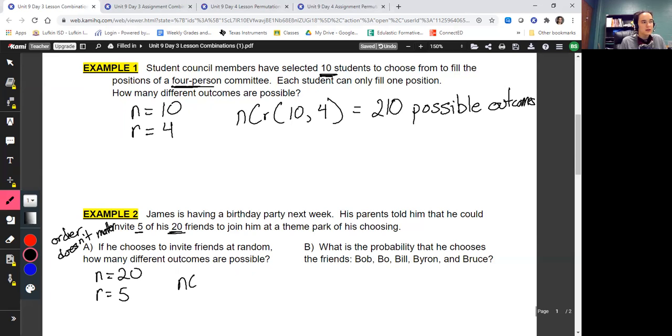So we've got NCR 20, 5. So menu, probability, combination, 20, 5, parentheses, and we get 15,504 outcomes.